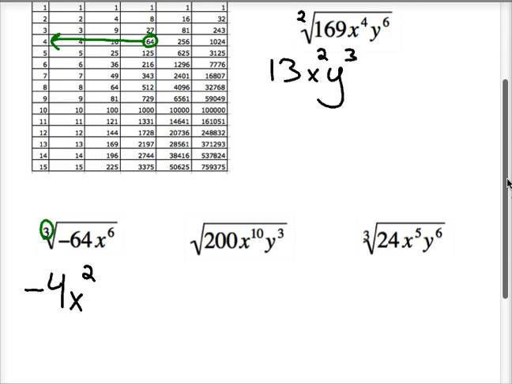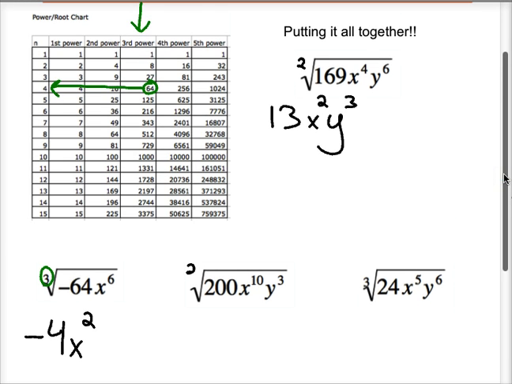All right, so let's move right along. Let's go to our next problem. This next one, again, consider a secret 2 being there, so we're talking about a square root. So we're going back to our second column here. Now, notice here's that situation where 200 is not actually on our list.